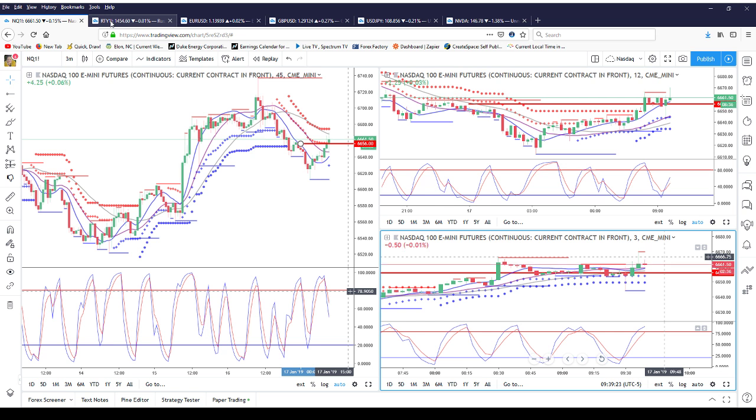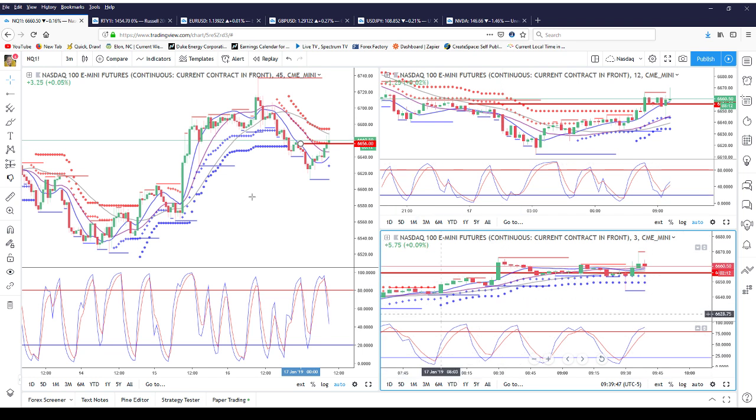It's not there yet. And you want this to be a strong bearish bar, not a weak one.